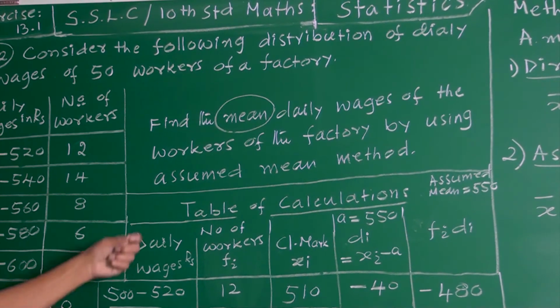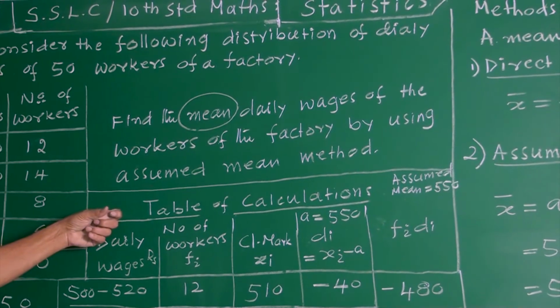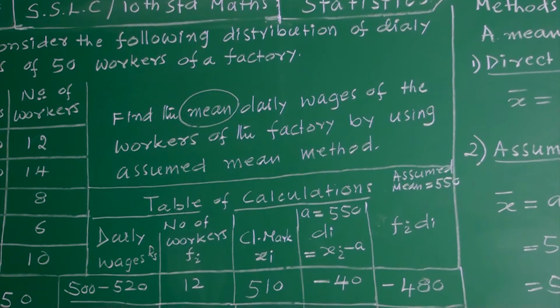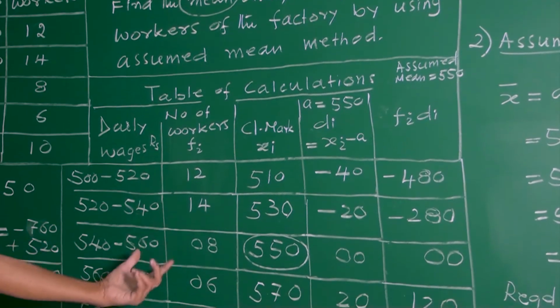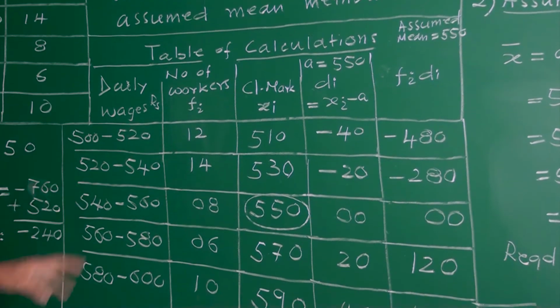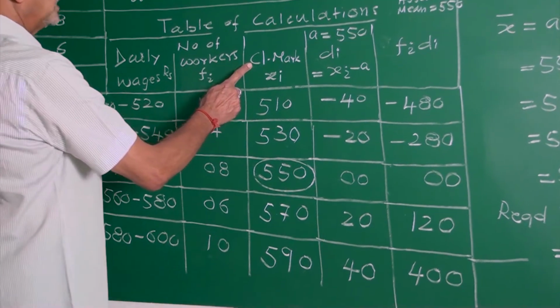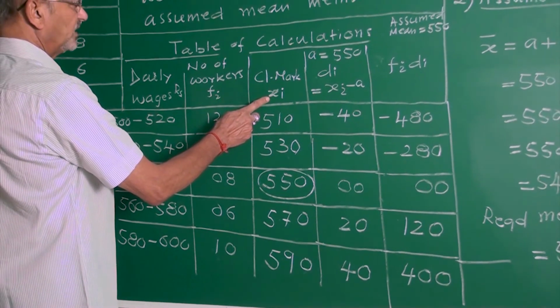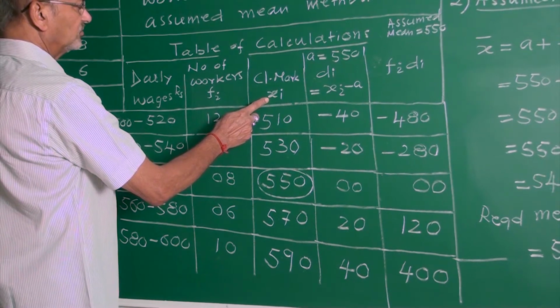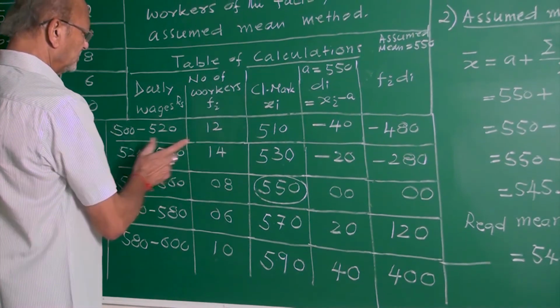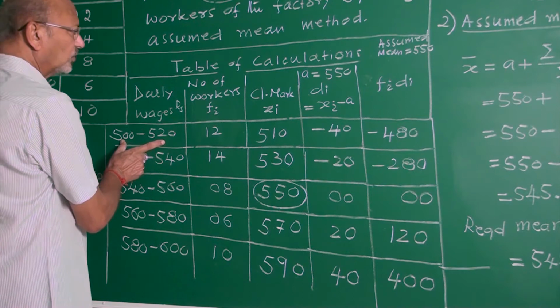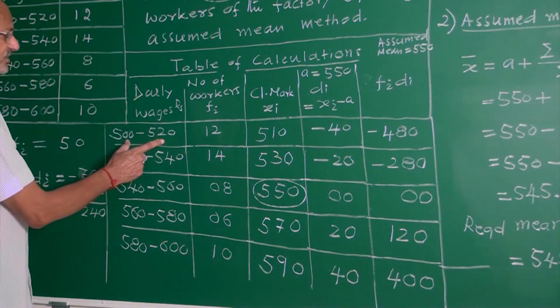This is the table of calculation. These are the two given columns. Same as it is, you have to copy the given columns. Then this is new, called class mark, denoted by xi. For every class interval you have to find the class mark. What is the definition?